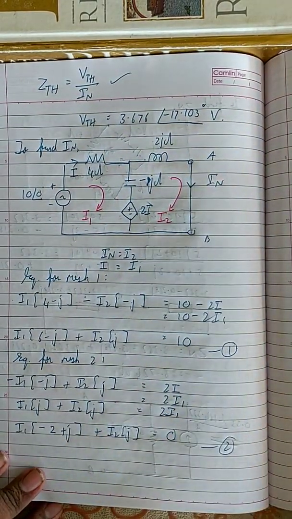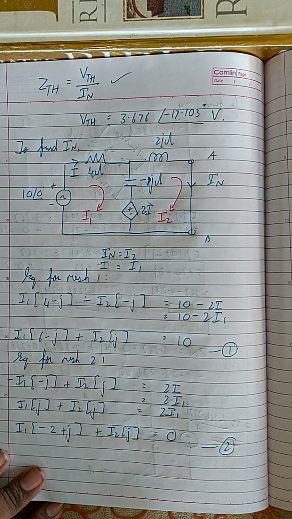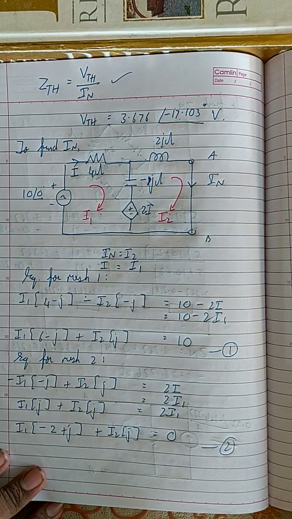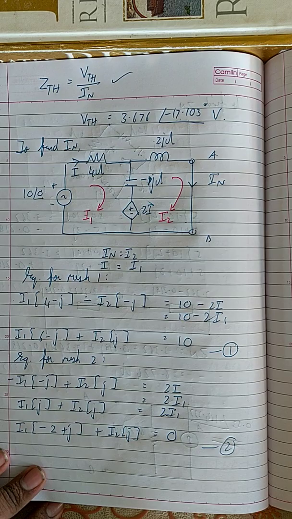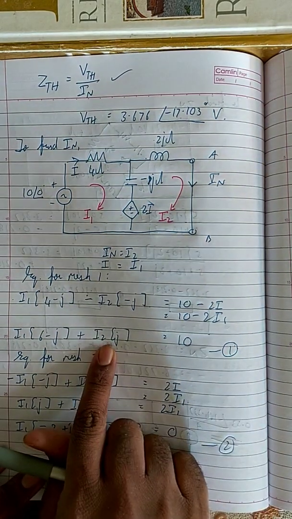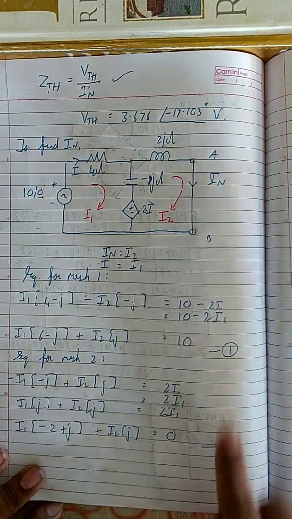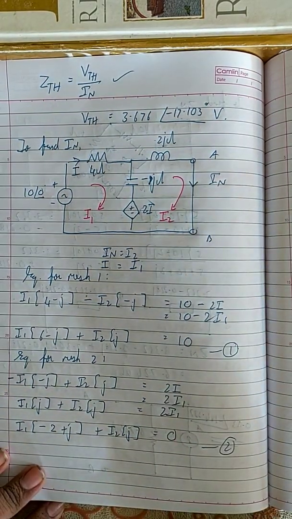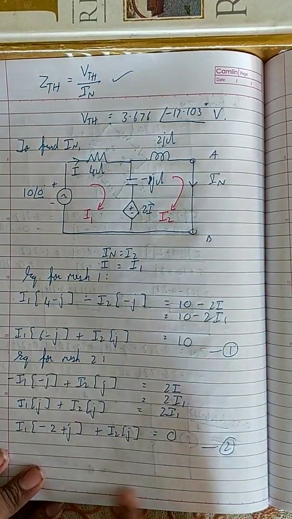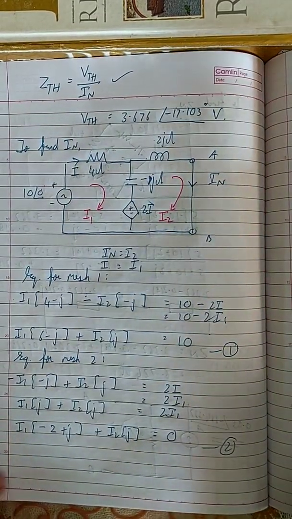Now, you see over here you have I2j, and here you also have I2j, so there's no need to apply matrix form. I can simply subtract these two equations. It will be much easier for me, right? So let's do that method.